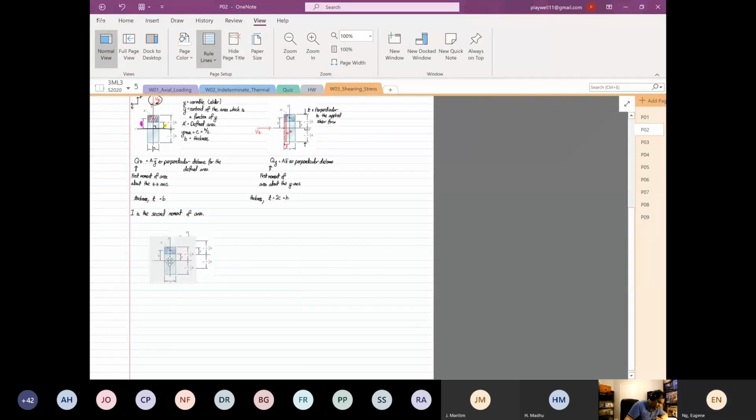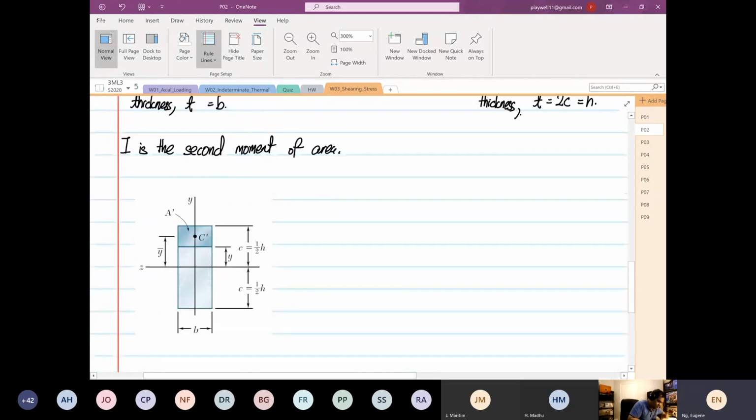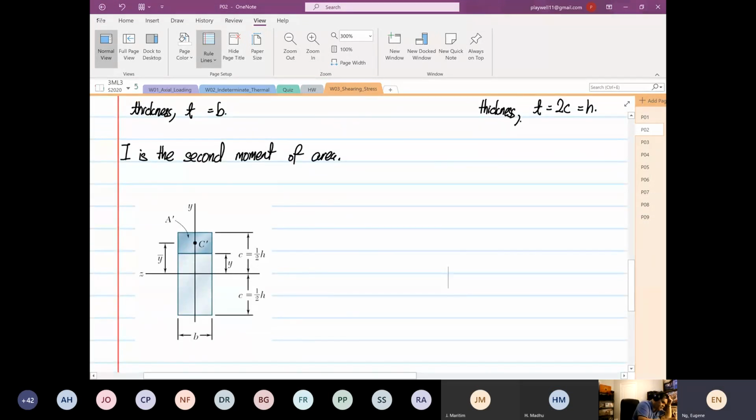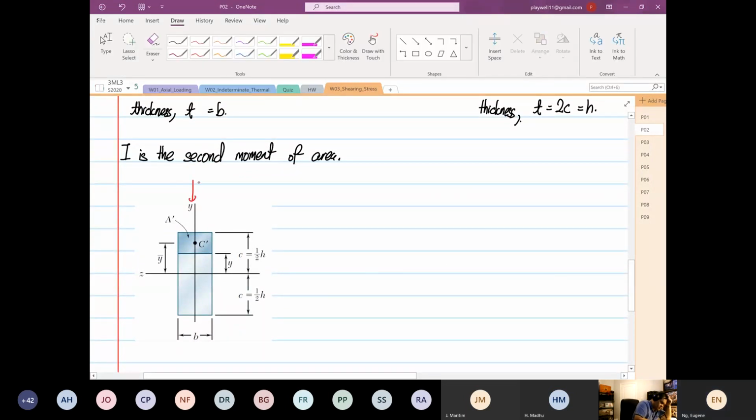If your shear force is in the y direction, when it's in your y direction, you have to take the z axis. The perpendicular axis of your Vy is Z.